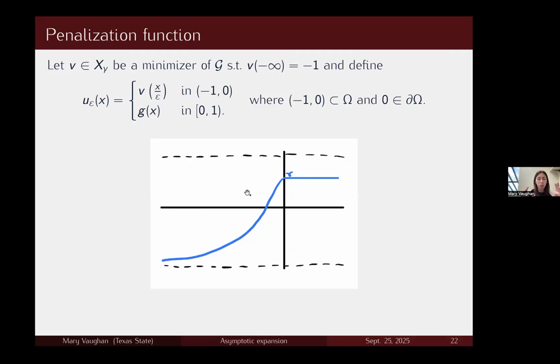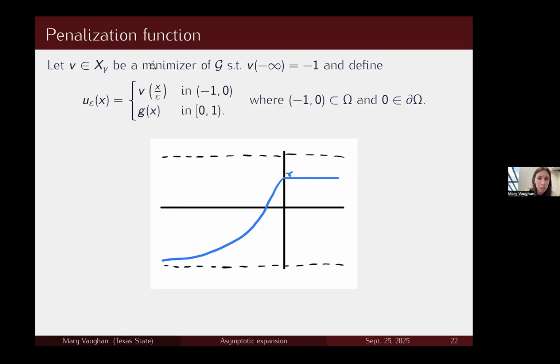Then again, I said we're going to look just near the boundary; away from it, we can handle. So 0 is in the boundary, and say (-1, 0) is in Omega. Okay, so for the gamma convergence, I need a recovery sequence. I need my function to converge to -1 here, and G needs to be G in the complement. So in the ball B_1, my recovery sequence has to have the boundary conditions, so it's G outside (0, 1).